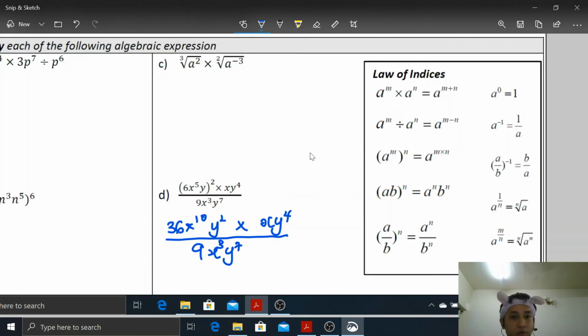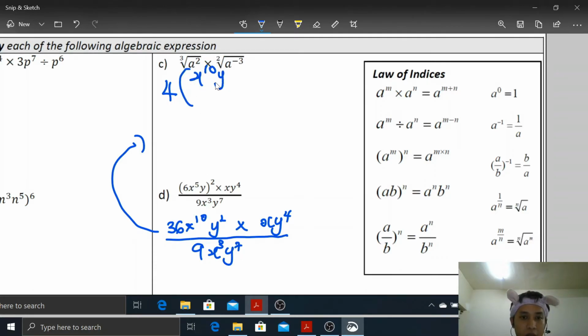How I'm going to do this is first I divide off the number. Because I don't have space, I just do it on top. So 36 divided by 4 will become 9. Then this we just leave first. x 10, y 2 multiply x, y 4, x 3, y 7.